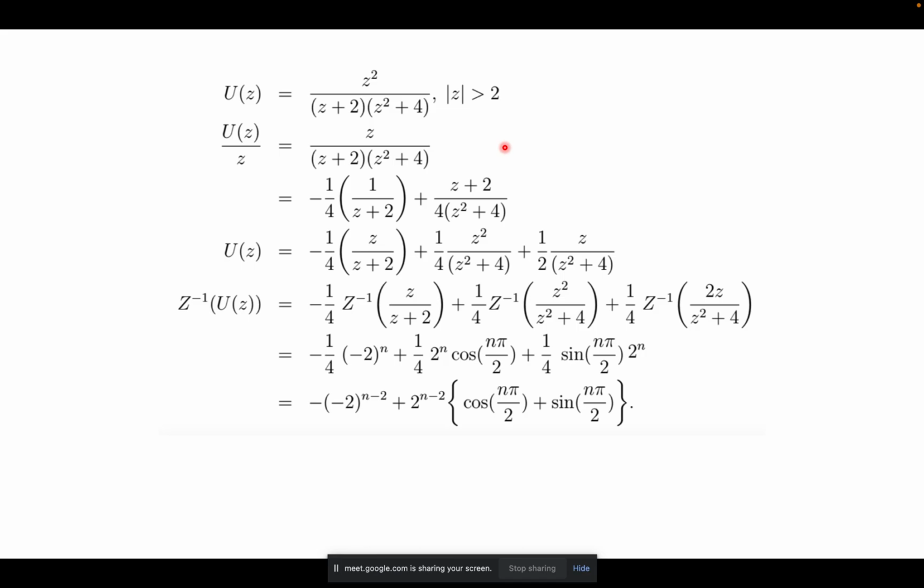So now what you do, you just take the inverse z transform on both the left hand side and right hand side.